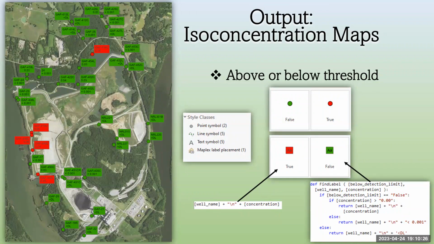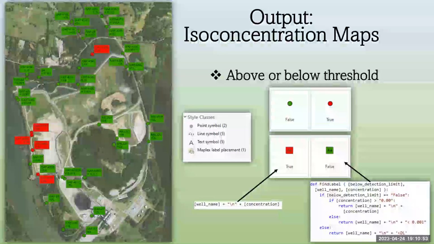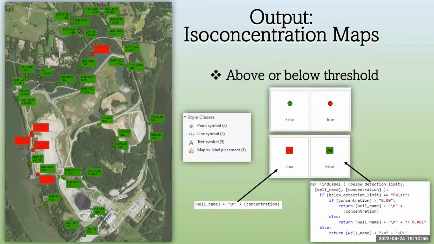And then that dynamic text within the labels will show the well name and the concentration for each sample. And then if it is false, it will either show that well name and concentration, or it will show us that it is less than 0.001. It's pretty minuscule. And if neither of those are met, then we will get that less than DL, the less than detection limit.